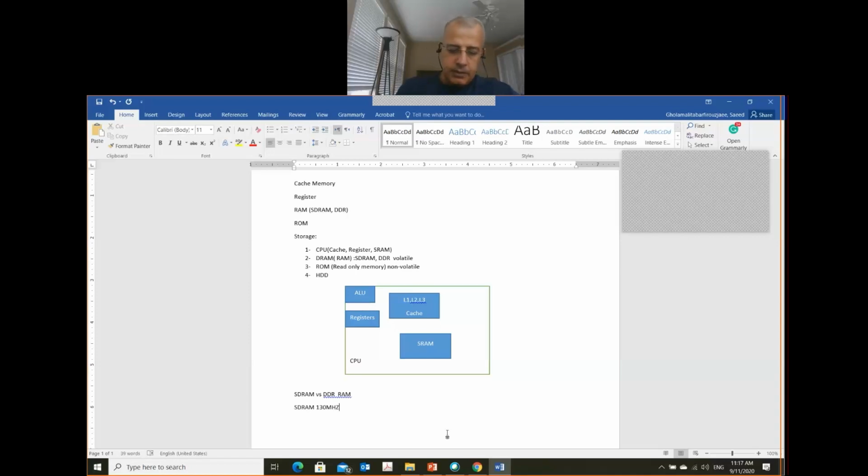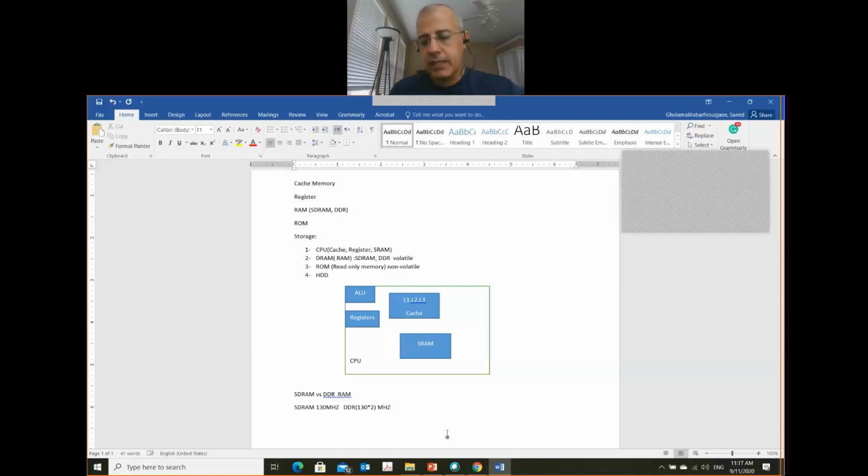Okay, but DDR doubles that rate. So the regular DDR works roughly at this speed, 130 times 2 megahertz.